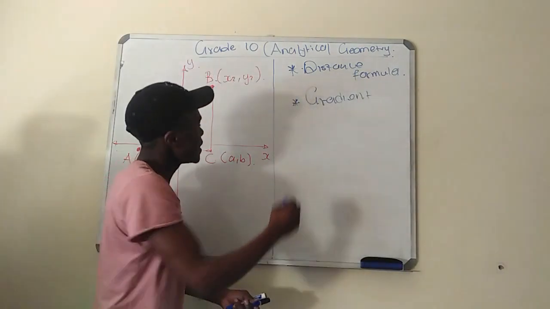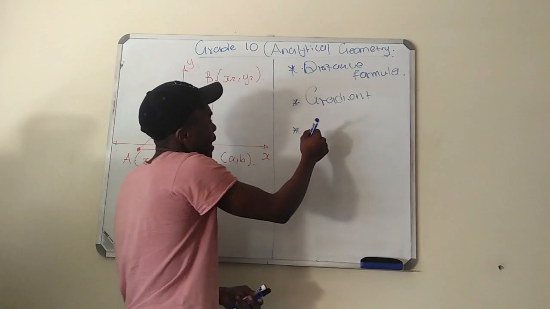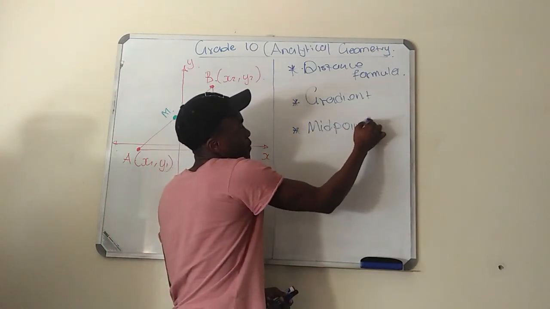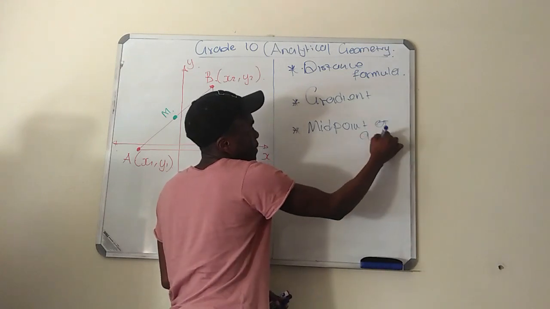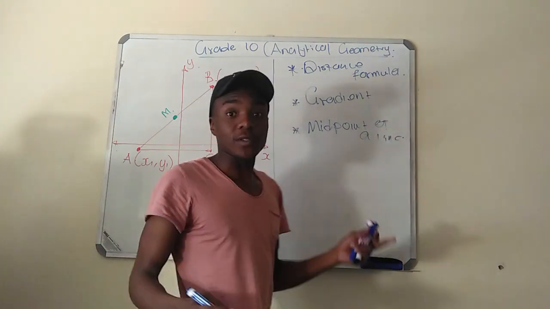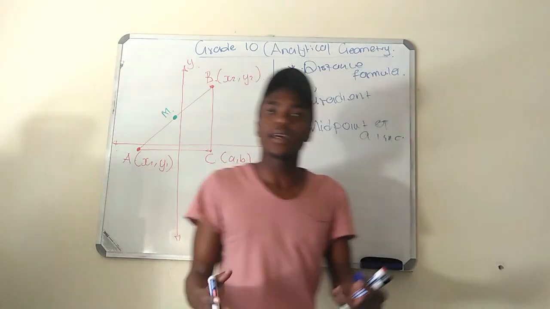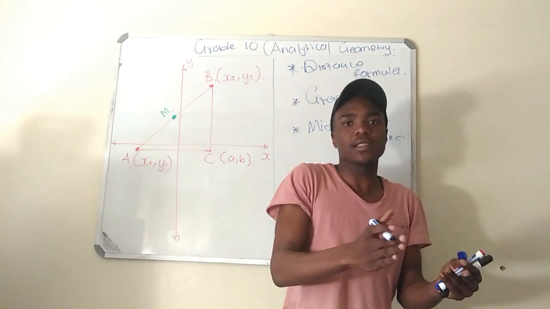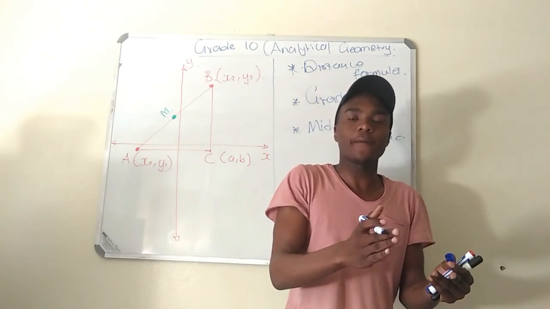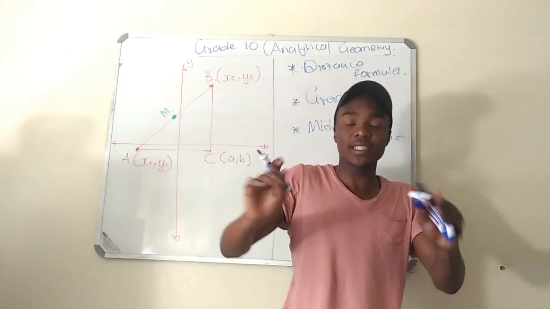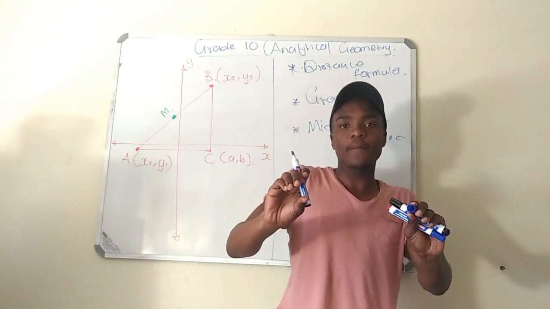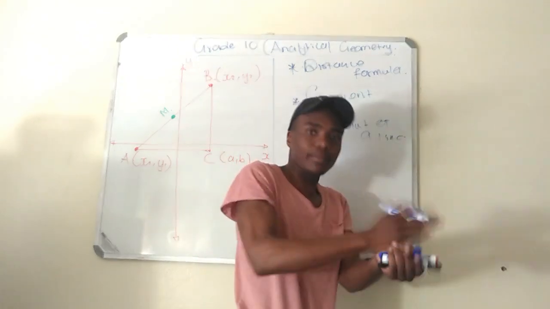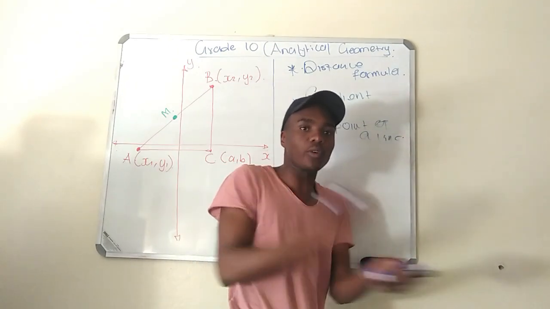The next thing after the gradient is the midpoint of a line. Midpoint means we are trying to find the point exactly between 2 points.